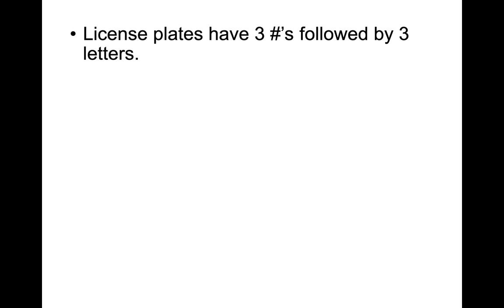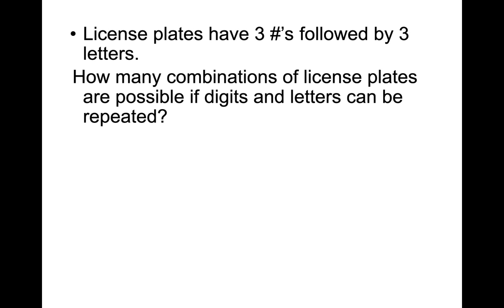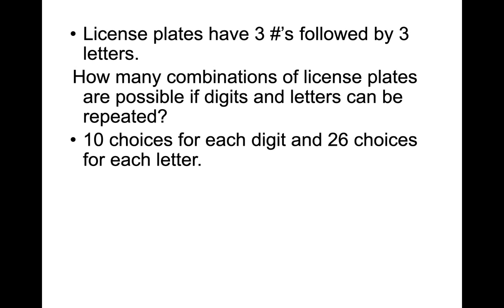Here's another example. License plates have three numbers followed by three letters. How many combinations of license plates are possible if digits and letters can be repeated? We, of course, know that we have 10 choices for each digit, and there are 26 letters in the alphabet, so 26 choices for each letter.